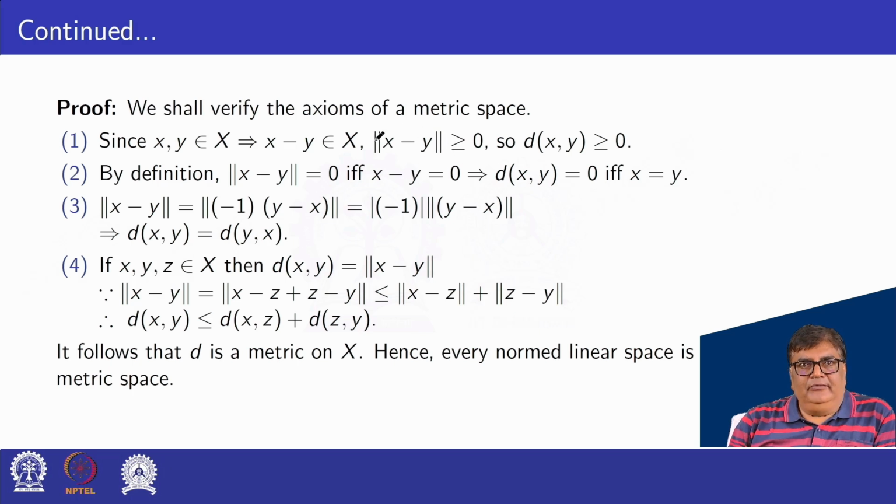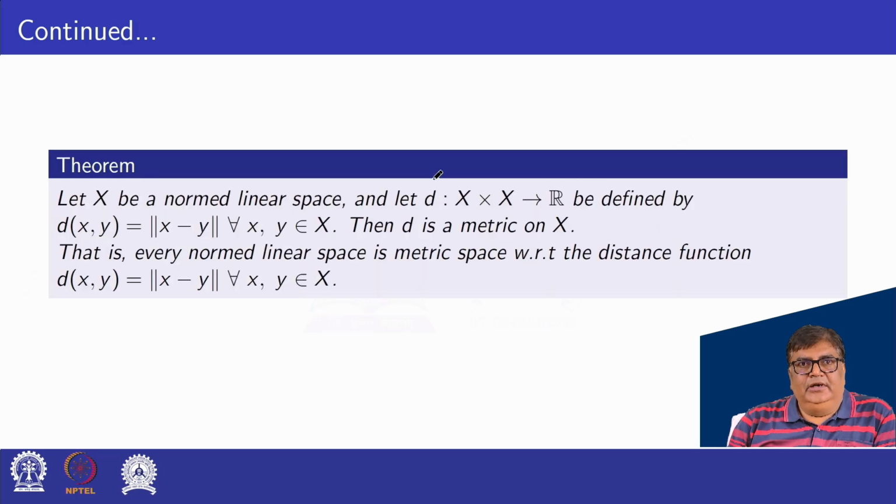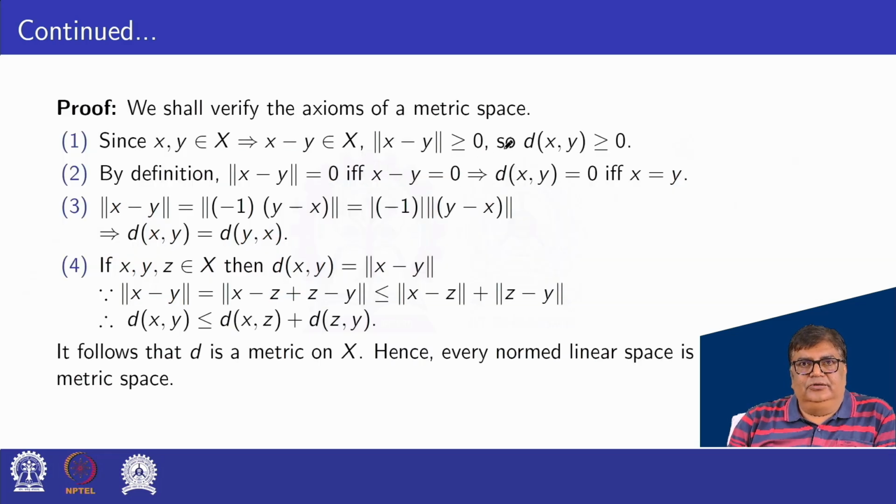And norm x minus y is defined by d(x,y). So d(x,y) is greater than or equal to 0. Second condition: norm x minus y is equal to 0 if and only if x minus y is equal to 0, as per the second property of norm.